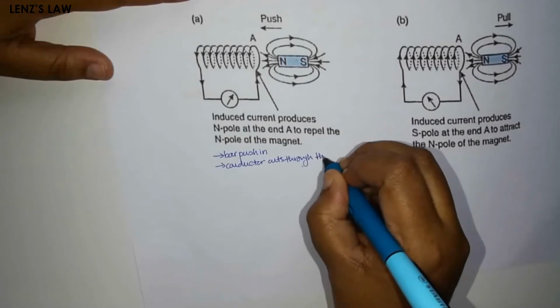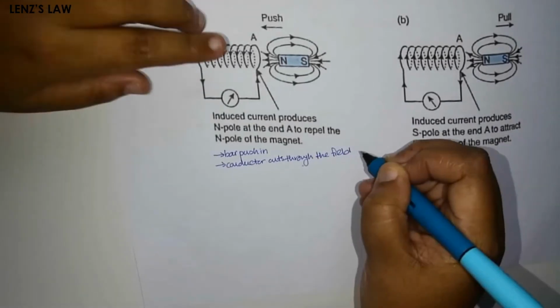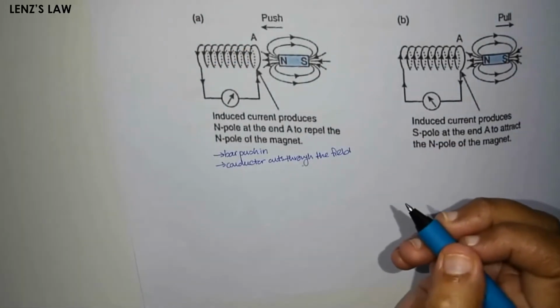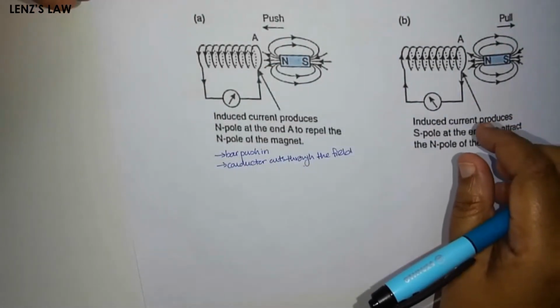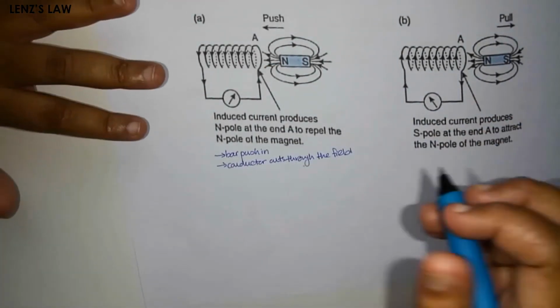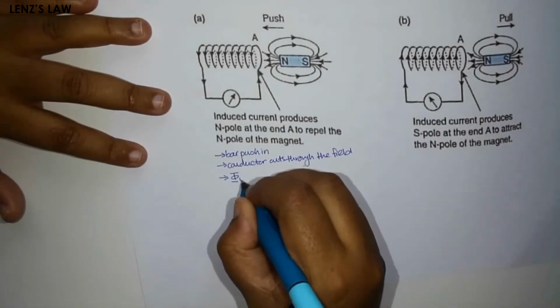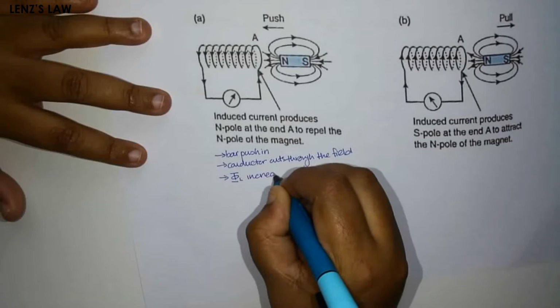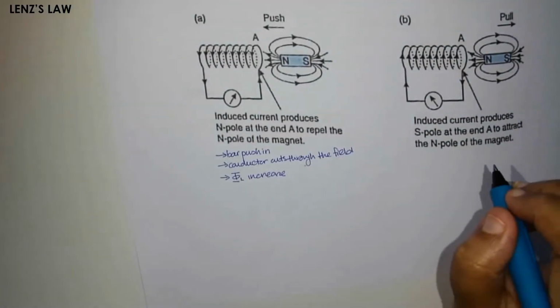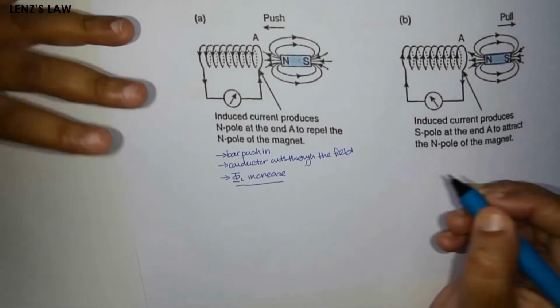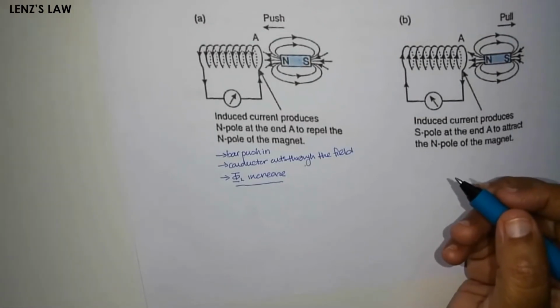The solenoid will cut through the magnetic field. Once the conductor cuts through the magnetic field, the magnetic flux linkage will increase. There are two ways of understanding this increase in magnetic flux linkage.